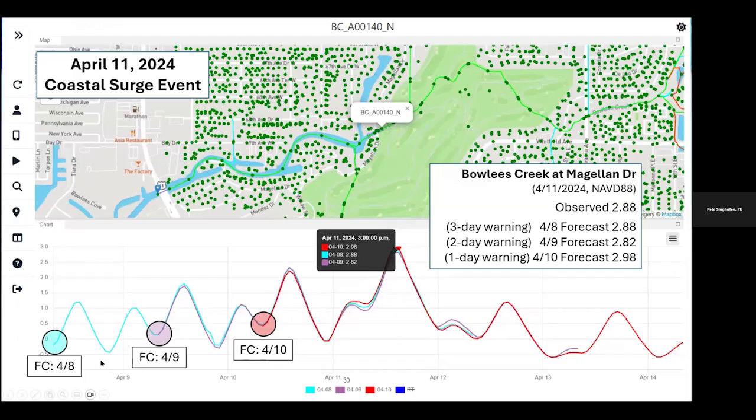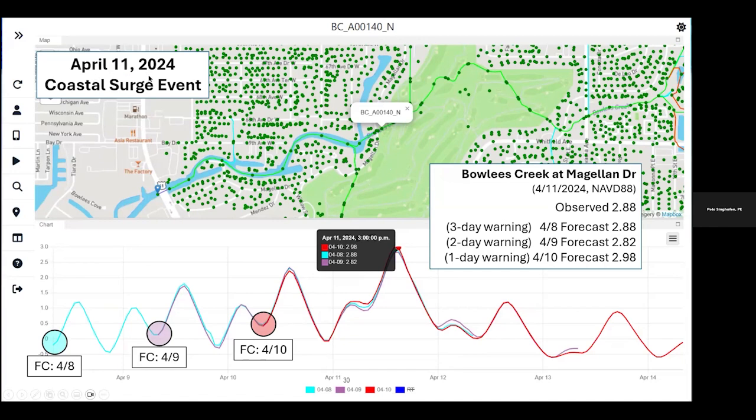Once that's done, then we go operational, and it runs 24/7, 365 days a year. And we checked it. We're able to go back in time and kind of hindcast some past events and see how well the system did during those past events.